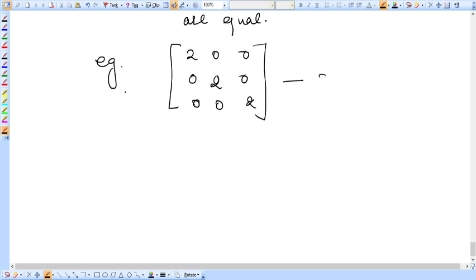This is because all the three diagonal elements are equal.